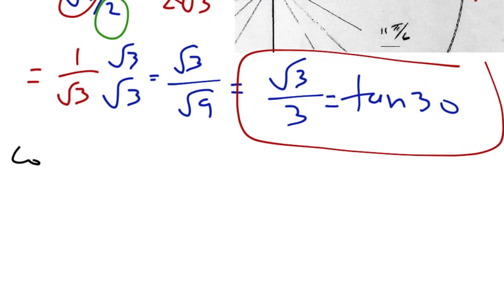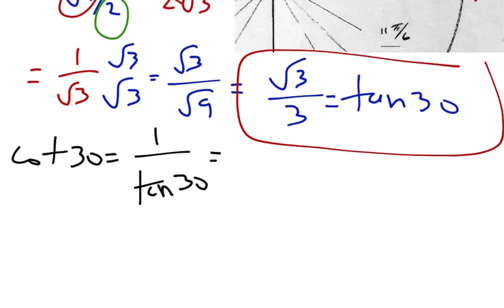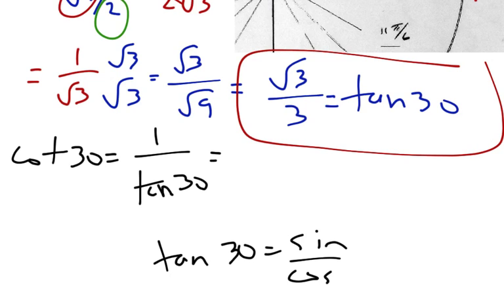Cotangent of 30. So cotangent is either 1 over tangent of 30, or if tangent of 30 is sine over cosine, basically you flip those two, so it's cosine over sine.